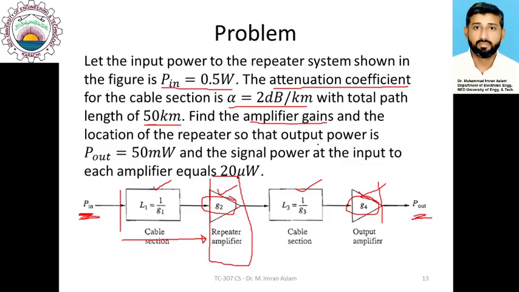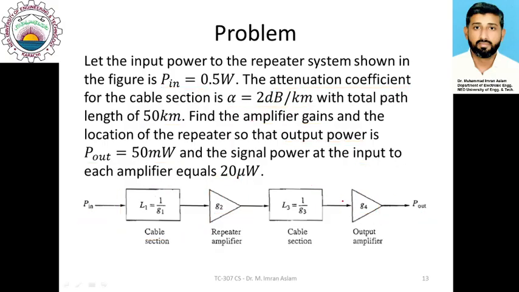The requirement in the system is that we want an output power of 50 milliwatt, and the power input to each of the amplifiers is 20 milliwatt. So we want the power at the input side of each amplifier to be equal to 20 milliwatt.